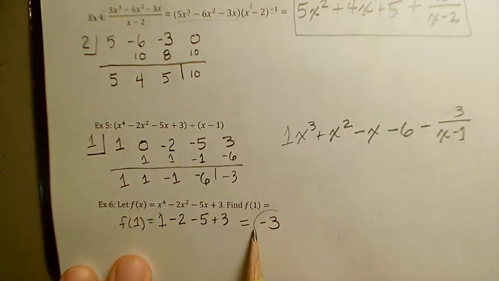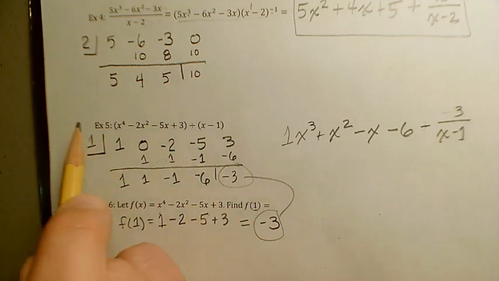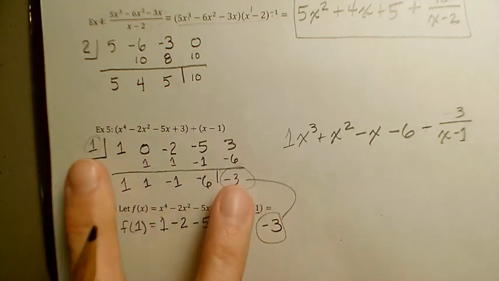Now, it's not a coincidence that those two things are the same. And that's sort of what we're looking at in the theorem on the next page, the introduction to that idea. Okay. So notice that this one and this one are the same.